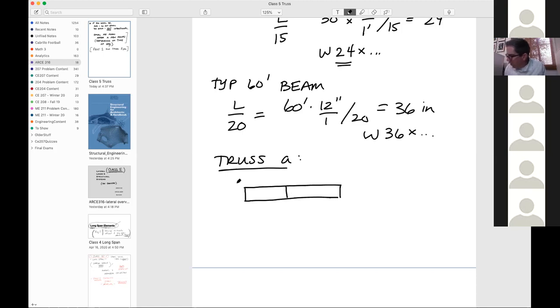I'm probably not going to come up with the exact right number of these, but from a dimension point of view, we know the truss is full story height, so that would be 15 feet, and each bay is going to be 10 feet, and that comes from the framing plan that was given to us. So again, I might come up not exactly correct there, but we've got a dimension-wise total of 90 feet.